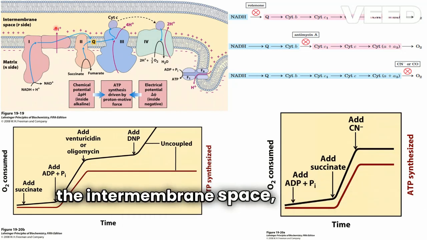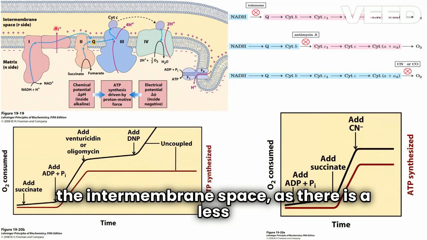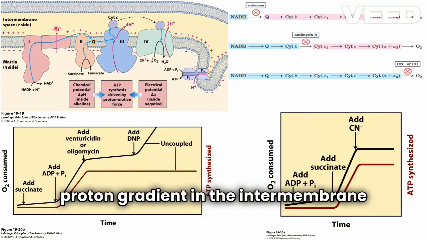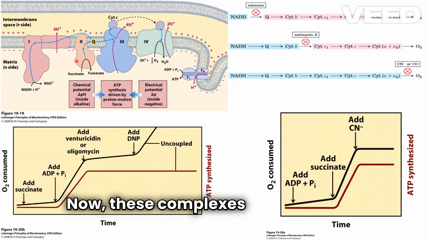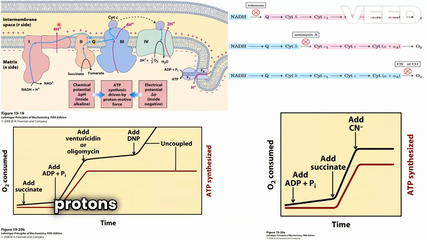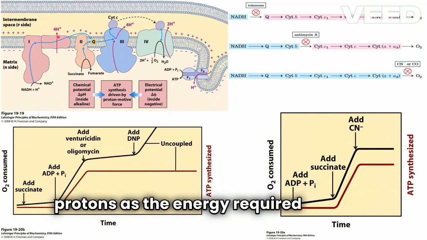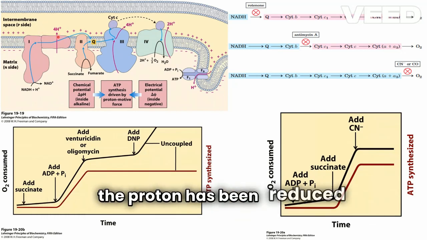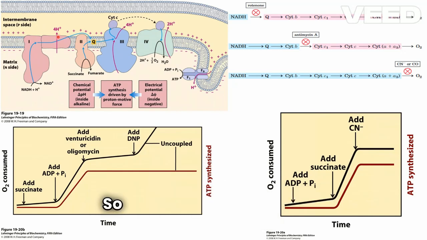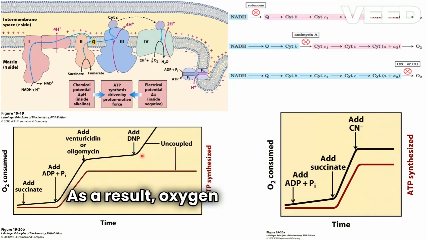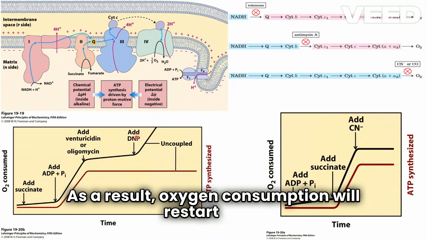As there is a smaller proton gradient now, these complexes can pump the protons as the energy required to pump the protons has been reduced considerably. So this restarts the electron transport in the respiratory chain. As a result, oxygen consumption will restart here.